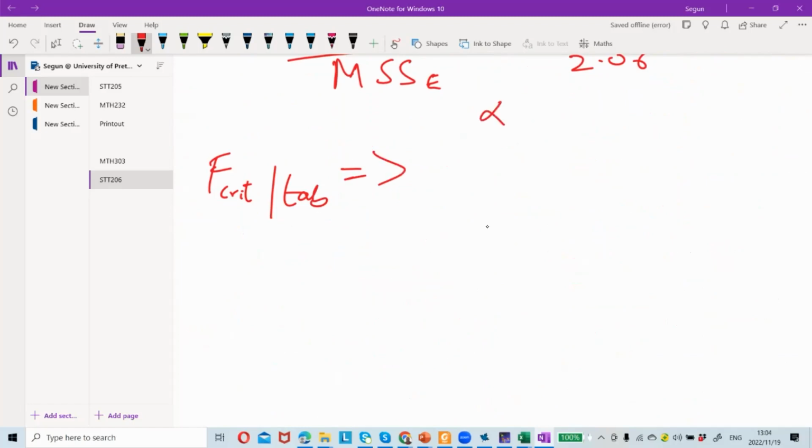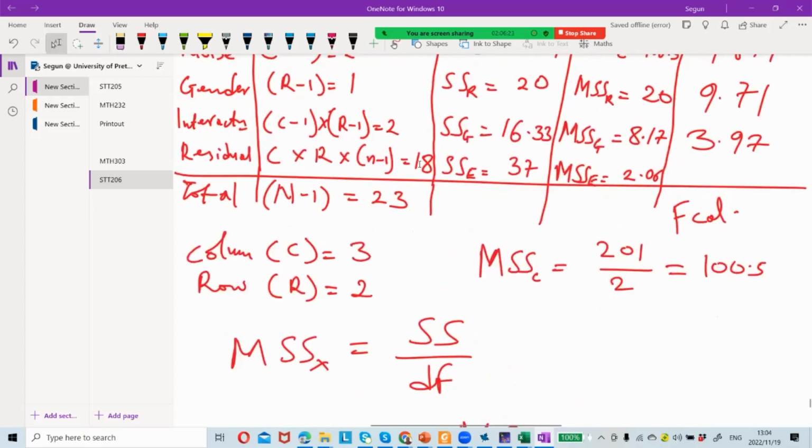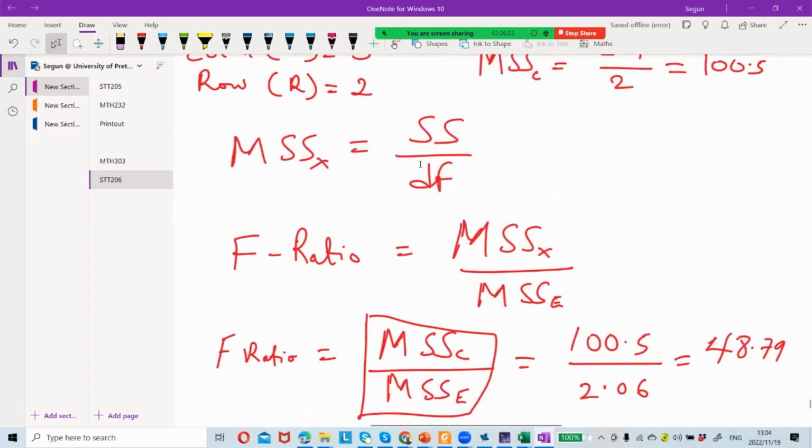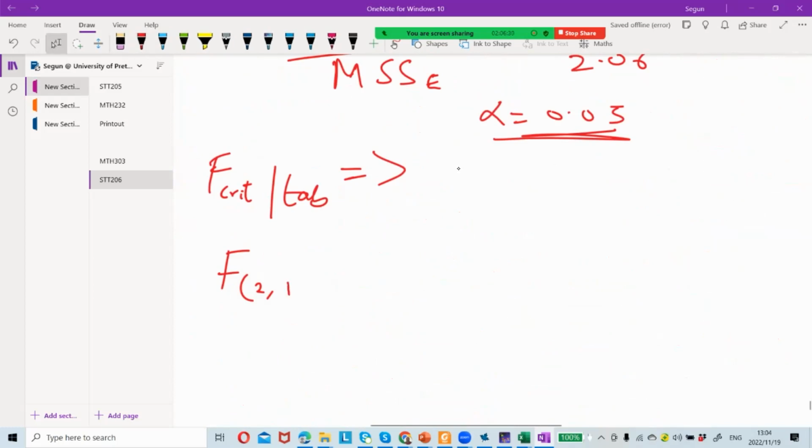Our alpha in this case is 0.05. Don't forget. So we need to check F when you have 2, comma 18. Then we check F when you have 1, comma 18 again.